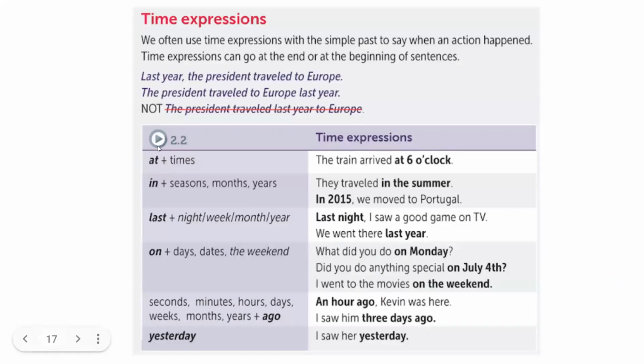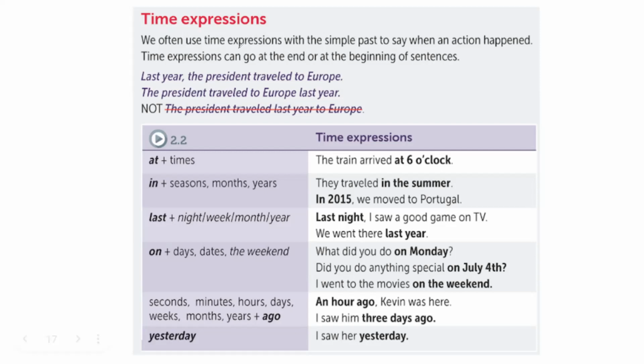This is something that you have in your book. Esto es algo que tiene en su libro en la página 114. It says, we often use time expressions with a simple past to say when an action happened. Time expressions can go at the end or at the beginning of the sentence. As I told you before, when we place this at the beginning, we need a comma.